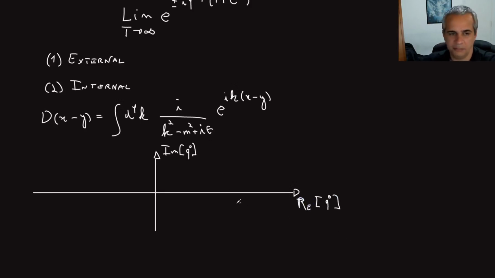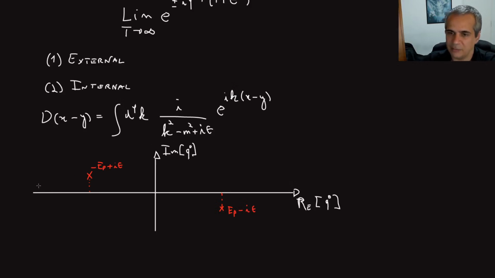This plus i epsilon here means I moved the poles here to E_p minus i epsilon, and here to minus E_p plus i epsilon. That's where the poles are. And I'm integrating.